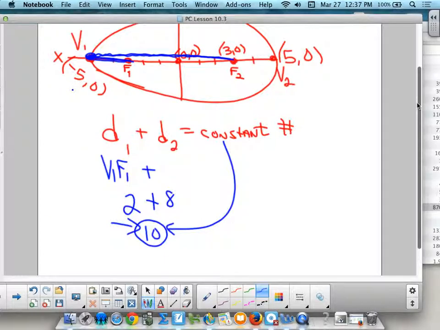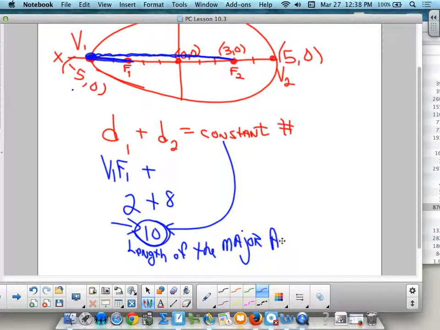I should get 10 every time. Okay, but where am I going to get this 10 from? The length of the major axis. That's all I was hoping you'd say. That constant number we were talking about is just the length of the major axis. Now we figured it out.